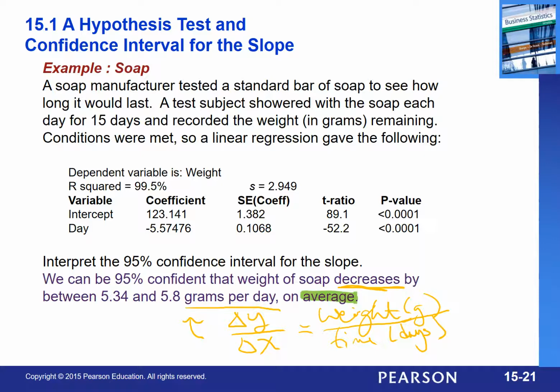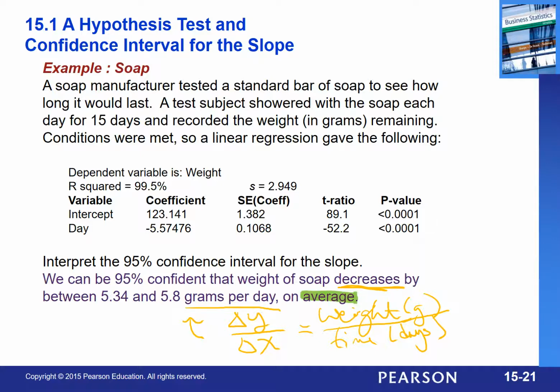All right, so let's interpret this confidence interval. We can be 95% confident that the weight of soap decreases by between 5.34 and 5.8 grams per day on average. So be careful when you're writing these conclusions in particular. When you're concluding something about a slope, you are estimating the slope, so you need to make sure you're using the interpretations of the slope. What do I mean by that?